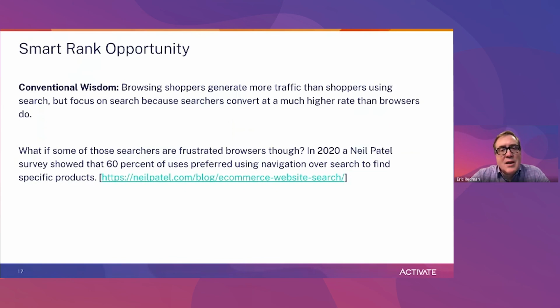And so coming back around to the conventional wisdom, it feels to me a little bit like survivor bias. We say, well, they're converting at a higher rate with search, so let's focus there. I'm saying, let's turn our attention to the larger chunk of traffic and figure out how we can make an improvement there. That's a bigger target. We've got more opportunity.